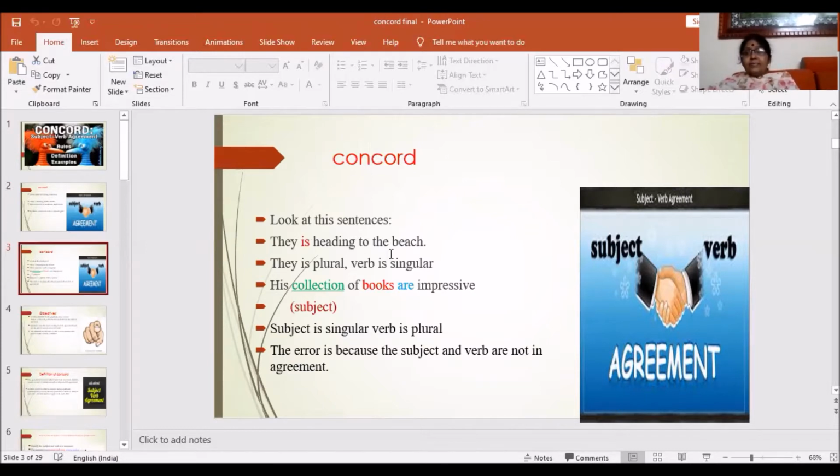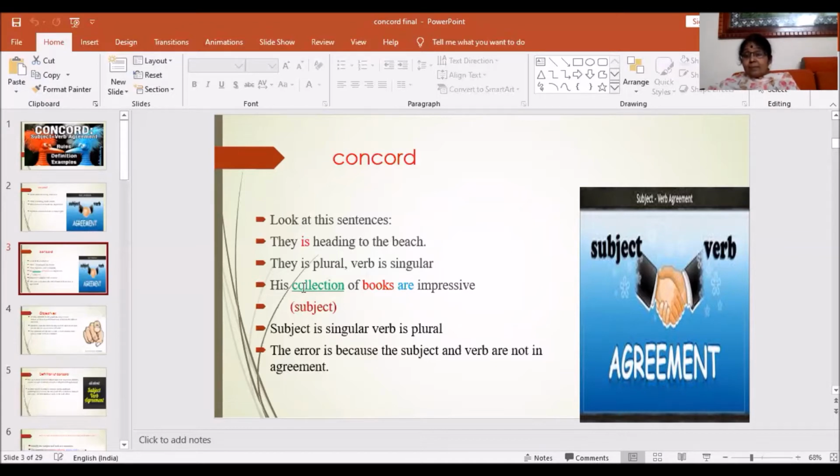They is heading to the beach. Now in this sentence, they is plural, right? And the verb is singular. Similarly, let us look at the second sentence. His collection of books are impressive. Most of you might think this is right because books is plural and we have used a plural verb.